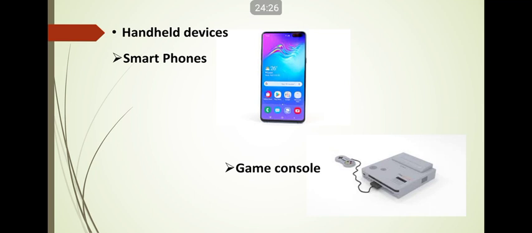Next is game console, very favorite thing of the students. Yes, so a game console is also a device. A game console is a device equipped with a display screen, game controls like joystick and buttons, and speaker.